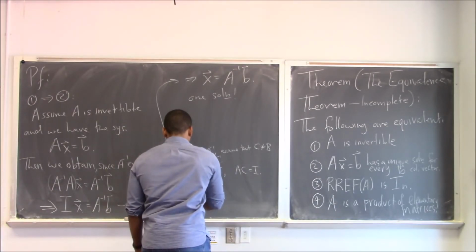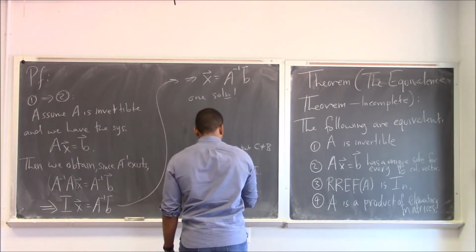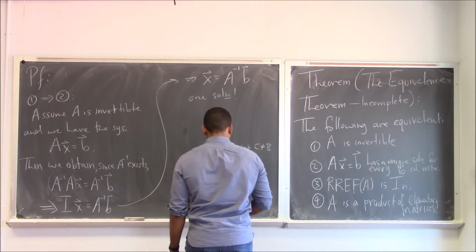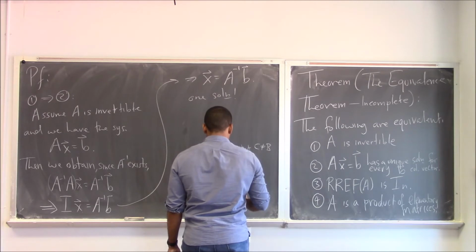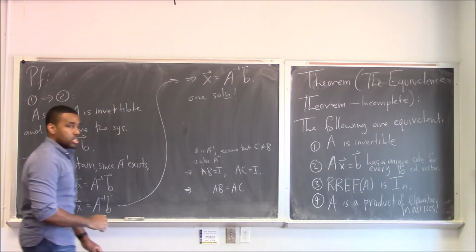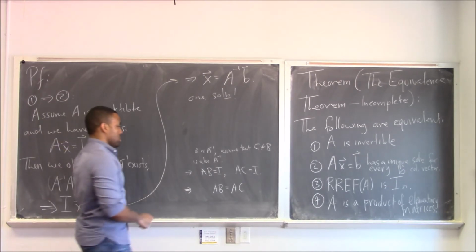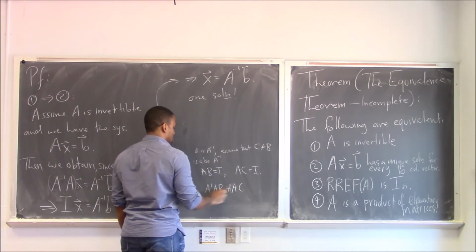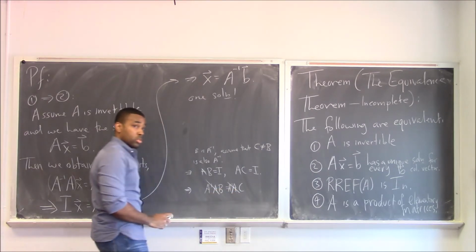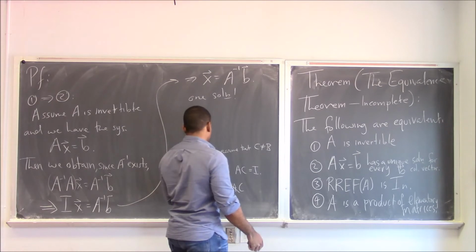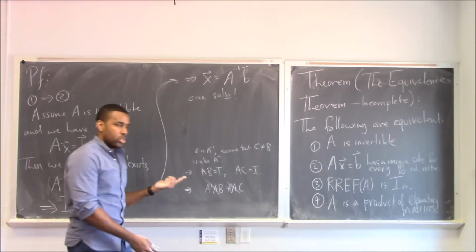So this means AB would equal AC, and since the inverse exists, I would get B equals C. So inverses are unique. And that's a common way to prove uniqueness, right?